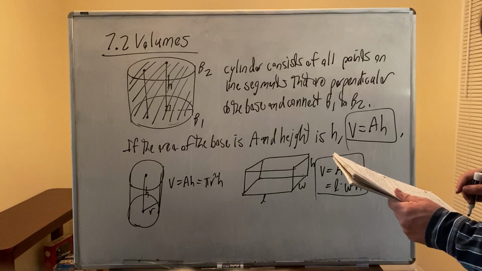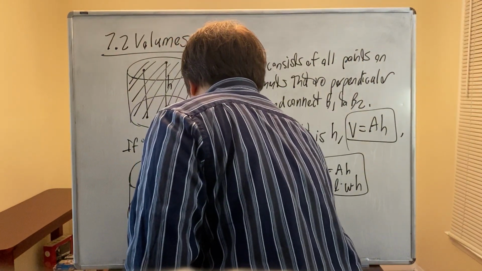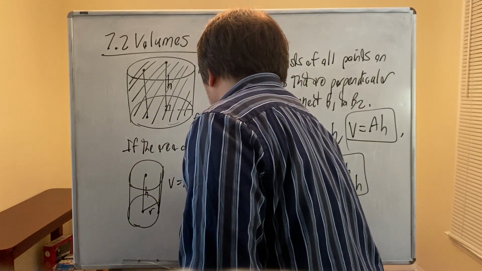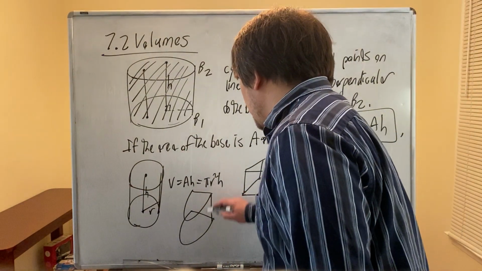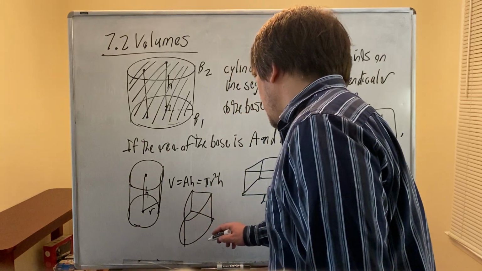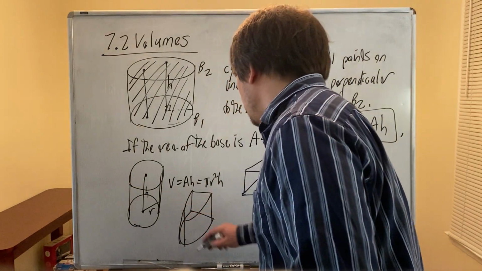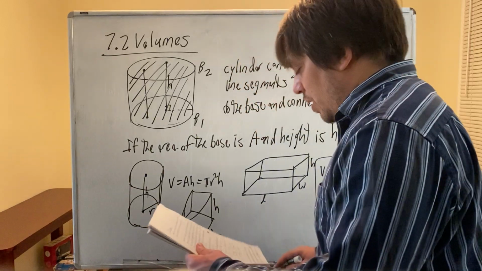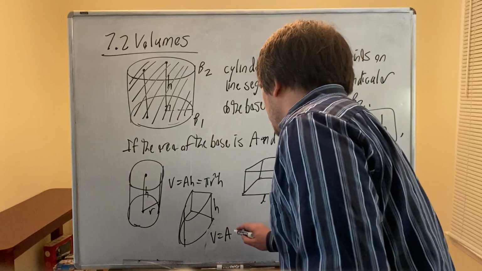Okay. And so looking at a little bit weirder of a shape, not that weird. If you have a base that looks like this, then you have another congruent one that's parallel to it. Then you have the height, which is h. Then the volume of that is equal to A, the area of the base, times h.